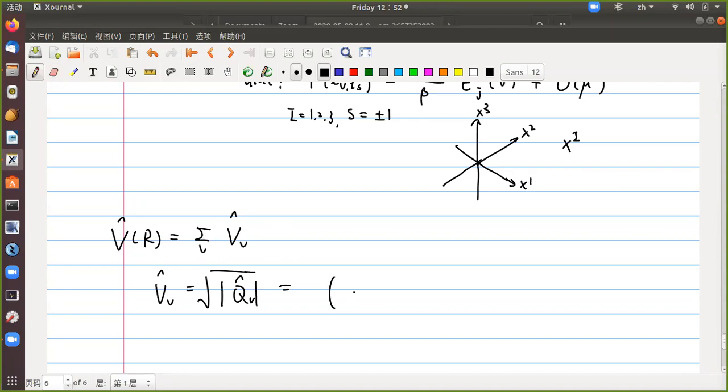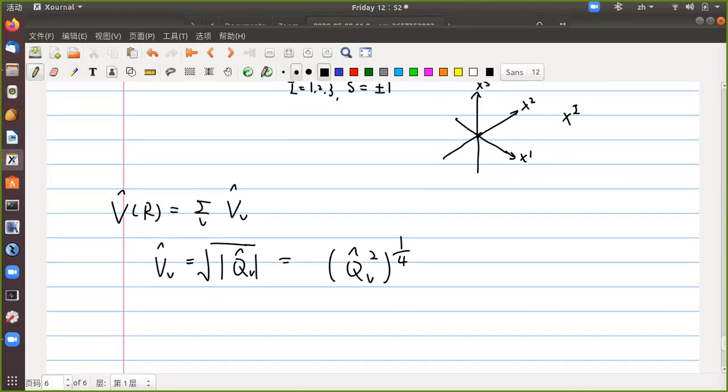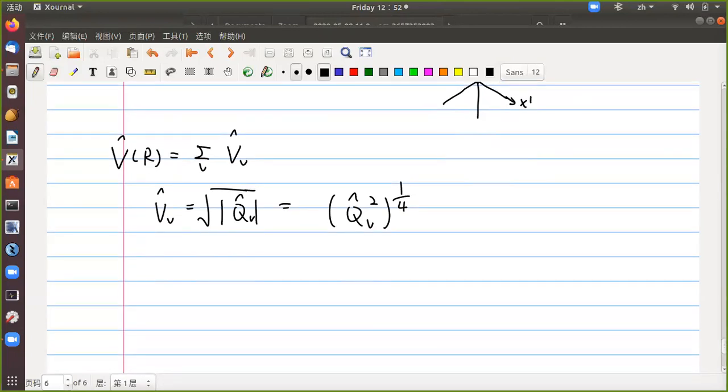You first need to take the square of the operator and then take the 1/4 power. Firstly you take the square of the Q operator, and then how to take 1/4 is that you first need to diagonalize this operator and then take the eigenvalue to the 1/4. This is the way in quantum mechanics to take the square root of the operator, or 1/4 of the operator. Yeah, and that's the complication of the volume operator.